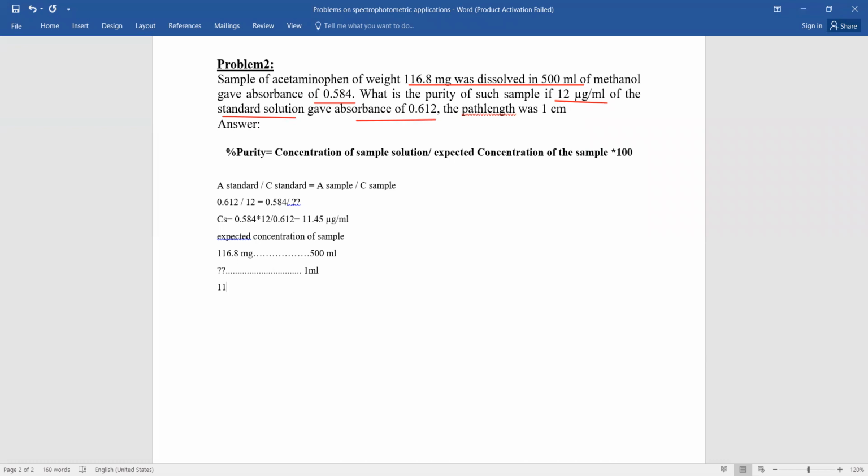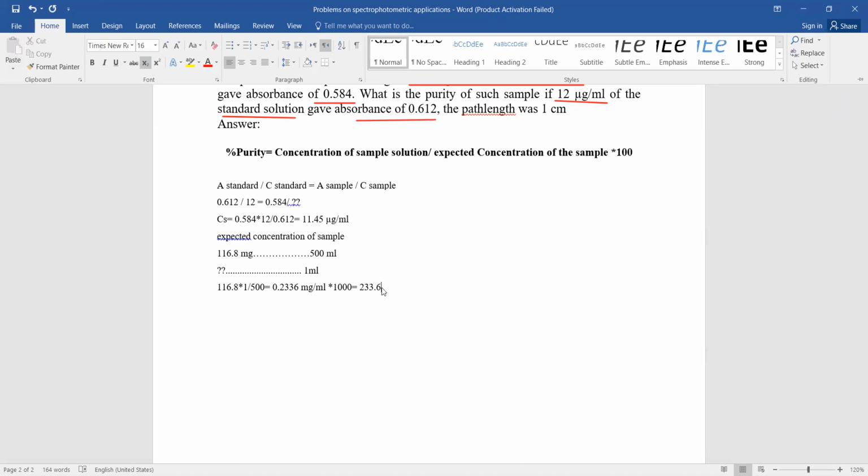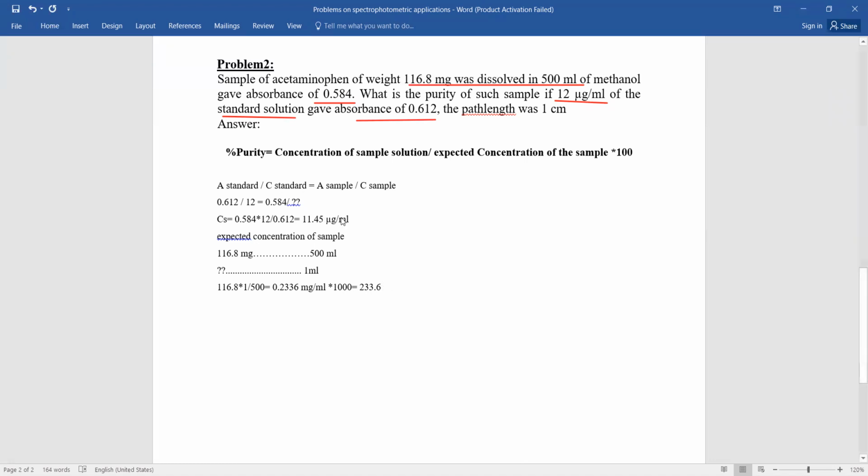So it will be 116.8 times 1 divided by 500, which is equal to 0.2336 milligram per milli. Then we will convert the milligram to microgram, times 1000, equals 233.6 microgram per milli.